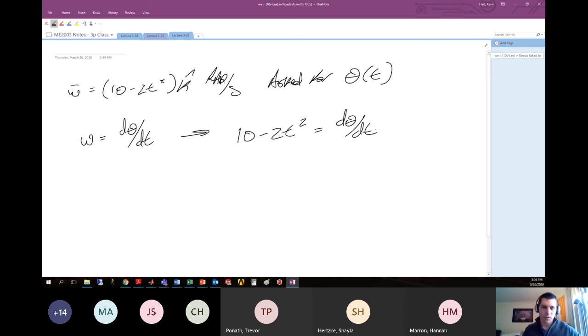We'll rearrange and use separation of variables, a technique you hopefully learned in differential equations. So d theta is going to be (10 - 2t squared) dt.